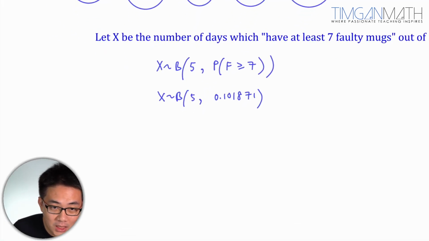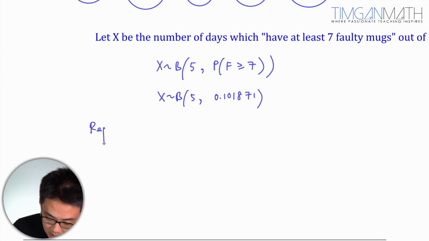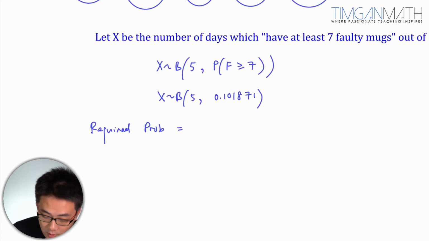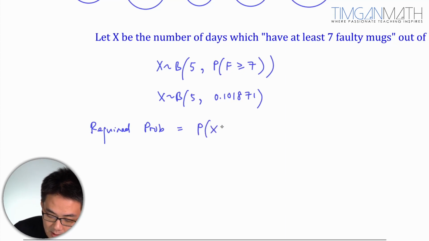Probability that at least 7 marks are found on no more than 2 days. So required probability: px at most 2, no more than 2, so it could be 2.